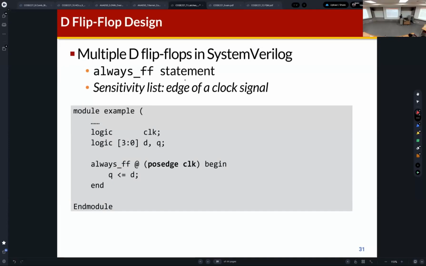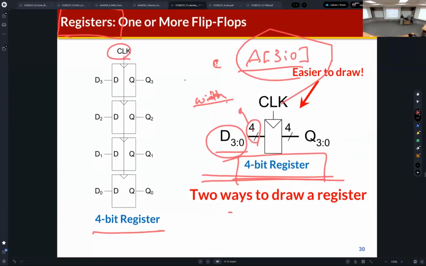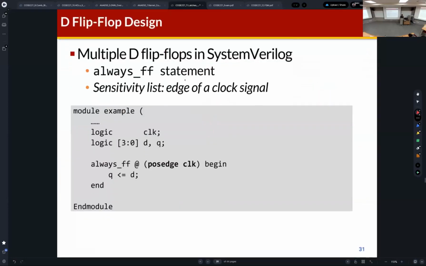And then how can we implement the multi-bit D flip-flops? It's simple. This is the clock signal. As you can see, the same clock signal is connected to each clock port of the D flip-flops, which means that the bit width of the clock signal is just 1 bit. So the clock signal is declared as a 1-bit signal. Then D and Q are declared as multi-bit signals, [3:0], which means 4-bit signals.